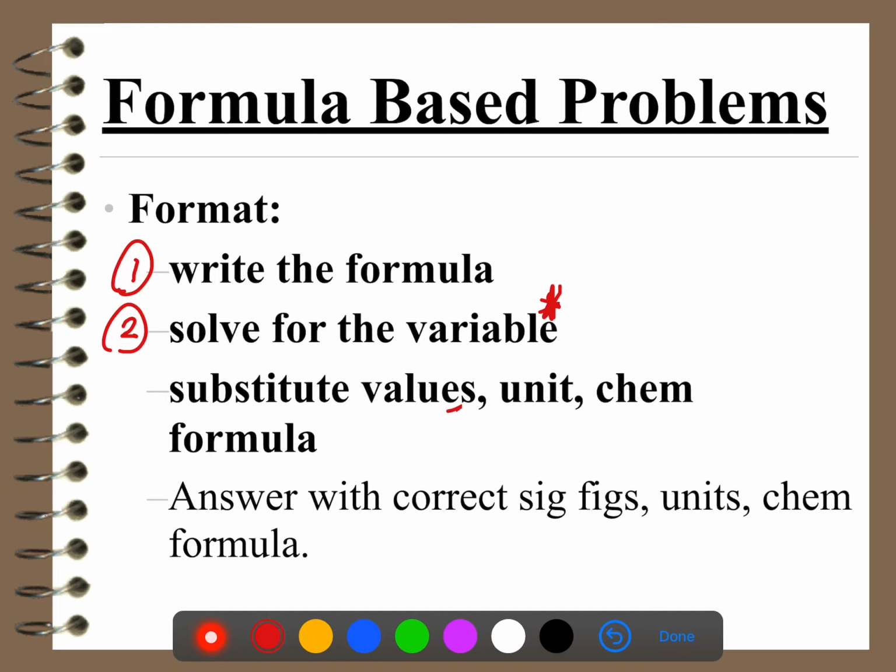I always call it labeling the chemical. It has to have all three things in the substitution. And then number 4, when you get to your final answer, we also have to apply significant figures to our answer. We have to have the correct amount of precision, which we're going to talk about in another video. So it has to have the correct number with sig figs, the unit, and the label.